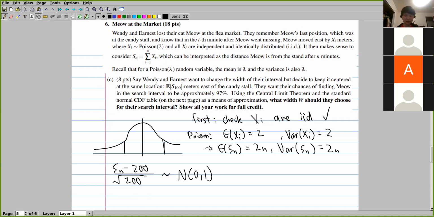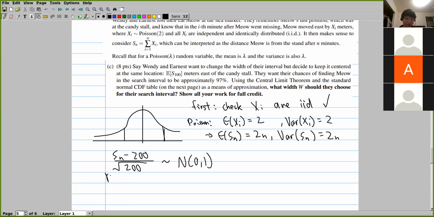Okay. And we want the chance of finding mu to be at least 97%. So the probability that mu is inside the search width is going to be roughly 97%.